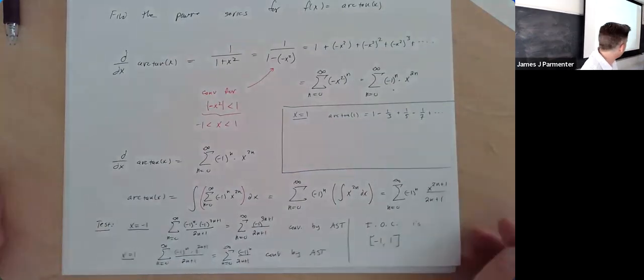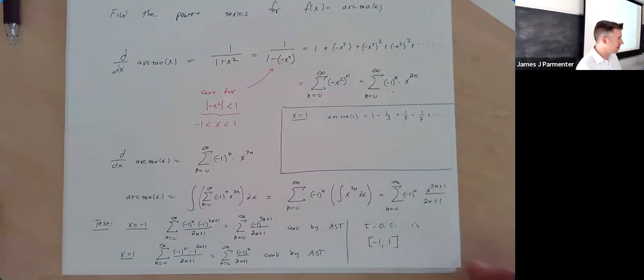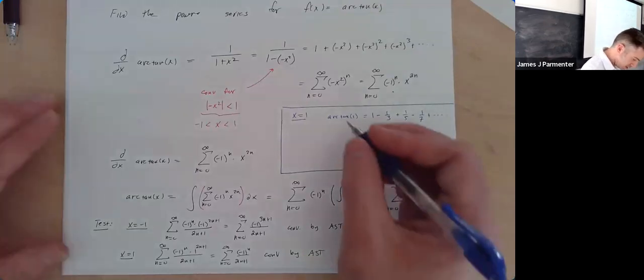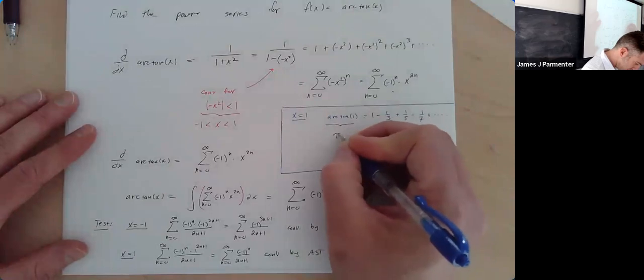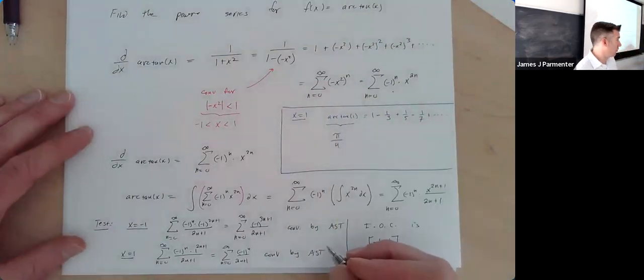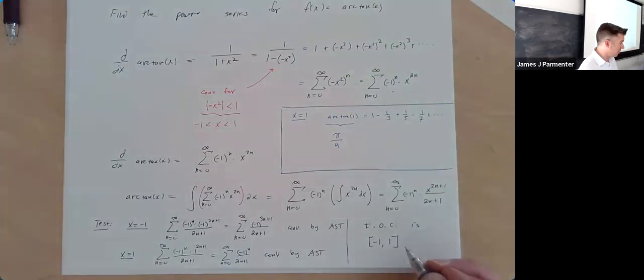You might not think this is super neat, but if you remember what arctangent of 1 is, it's kind of cool. What is the arctangent of 1? It's the angle that if we take tangent of the angle, we get 1. Pi over 4. Tangent of 45 degrees is 1, or tangent of pi over 4 is 1.